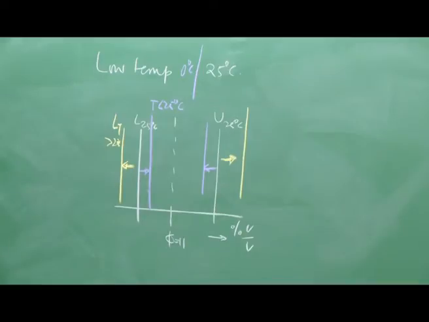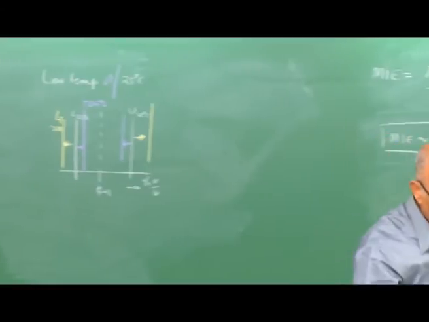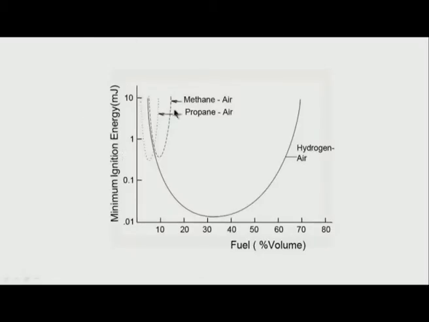Well, let's examine some of these results for some gases and look at the expressions in the slides which I show now. In this particular slide, you see the limits of flammability, given by percentage volume in a given volume, and on the y axis I show the minimum ignition energy.